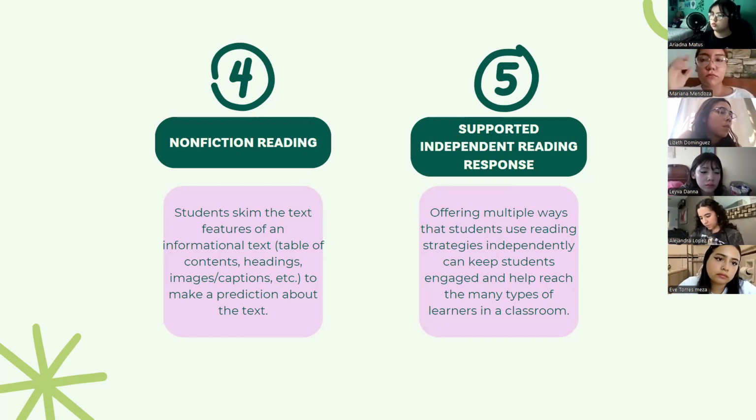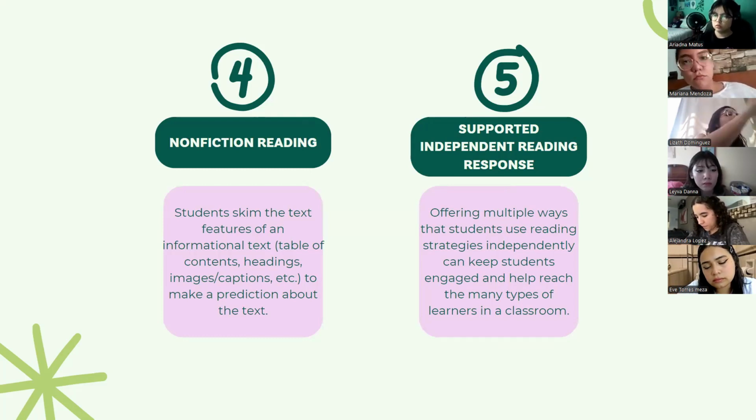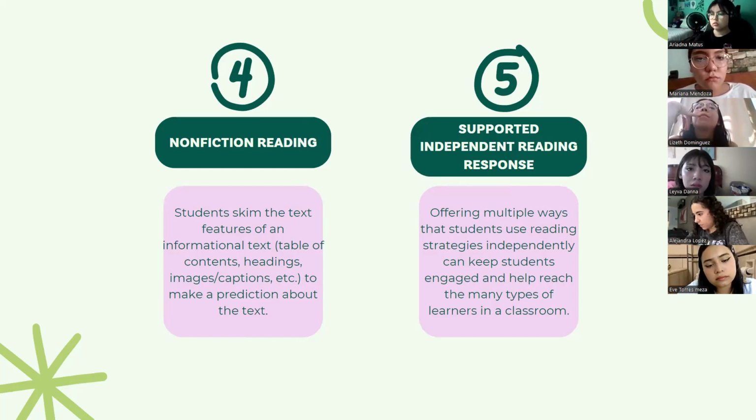For nonfiction reading, making predictions based on nonfiction text features, students skim the text features on an informational text, for example, table of contents, headings, images, captions, etc., to make predictions about the text. And five is support independent reading response. Offering multiple ways that students use a reading strategy independently can keep students engaged and help reach the many types of learners in a classroom.